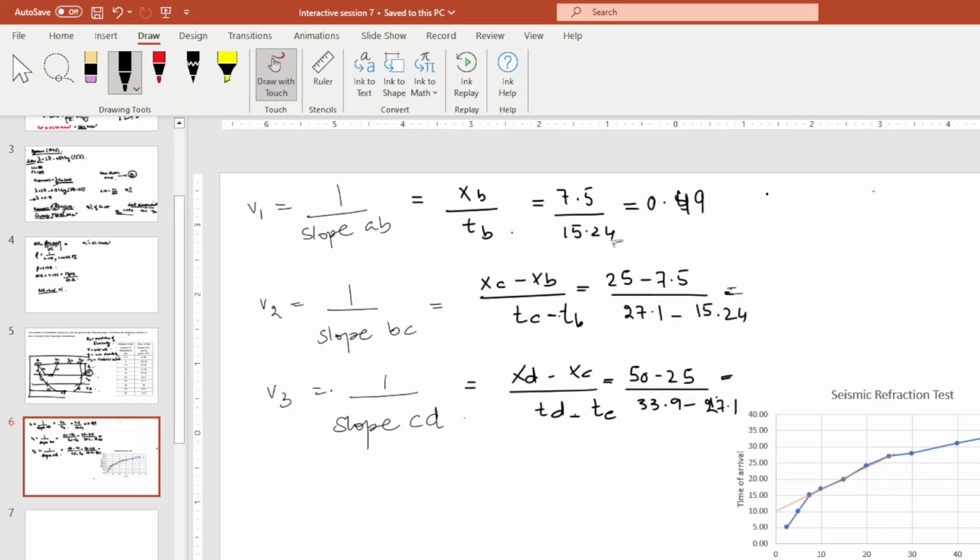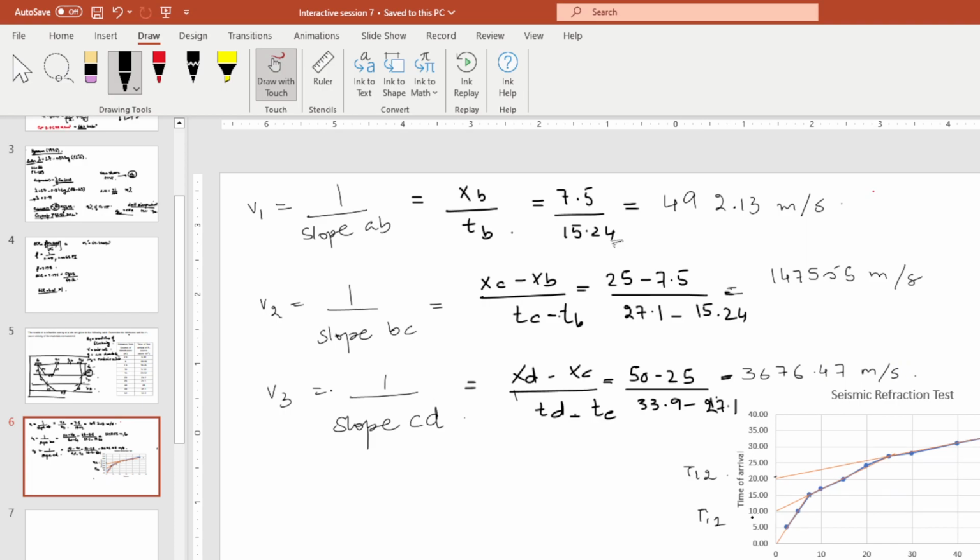So let us call this Ti1, and let us call this Ti2. Okay, so what did we get?